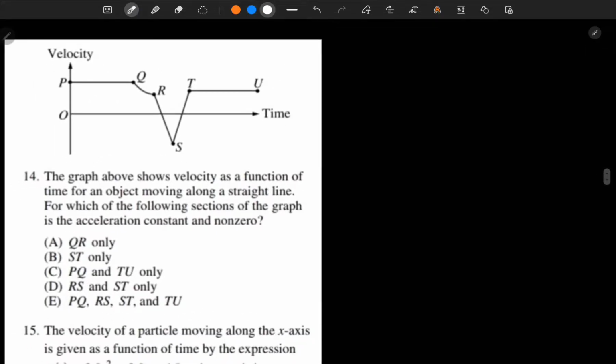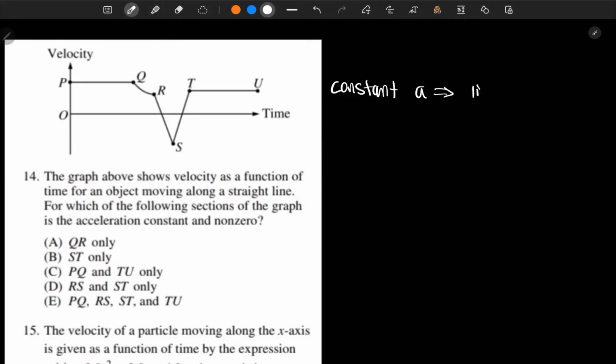Next, let's look at the graph above, which shows the velocity as a function of time for an object moving along a straight line. For which of the following sections of the graph is the acceleration constant and non-zero? Well, a constant acceleration implies a linear velocity with a non-zero slope.